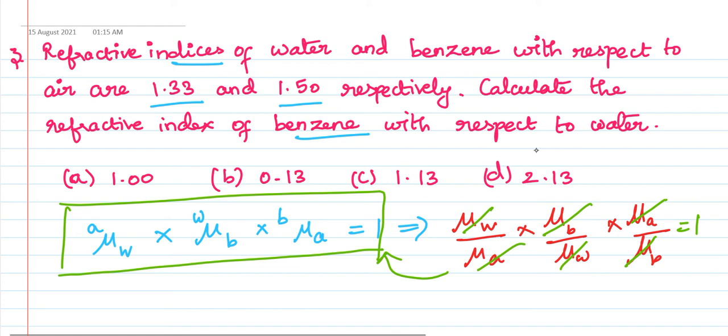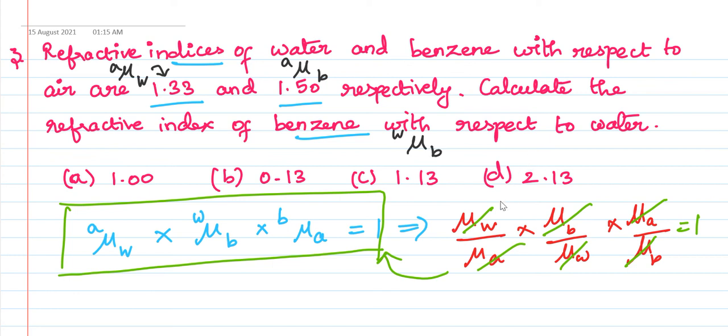It is water with respect to air. So please write on top of the question itself mu water air. This one. And then mu benzene air. What is asked? Mu benzene with respect to water is asked.